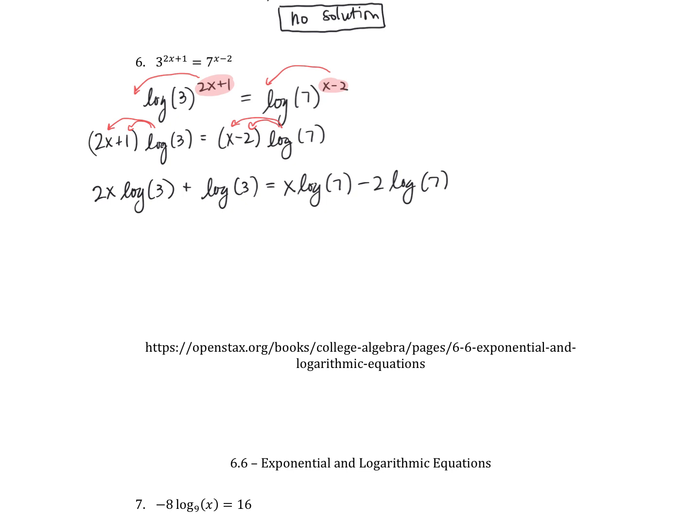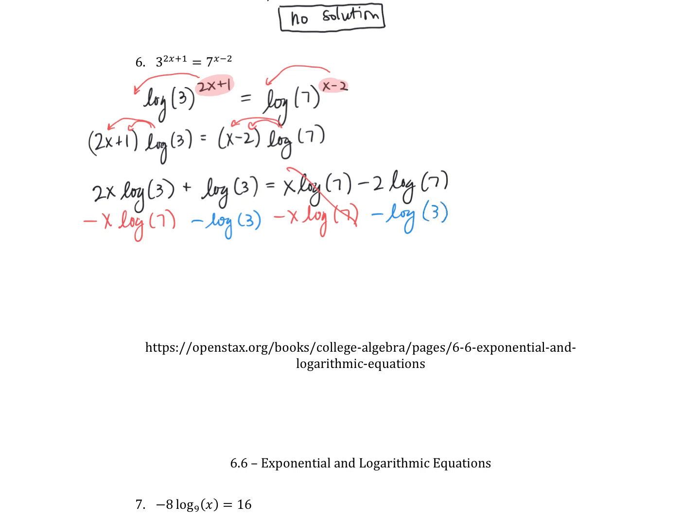Okay, so now anything that has an x, you're going to move to the left, and anything without an x, you're going to move to the right, because I'm trying to get all my x's together. So if it has an x, like this one, I'm going to move it to the left. Okay, so it crosses out on the right-hand side. If it does not have an x, I'm going to move it to the right.